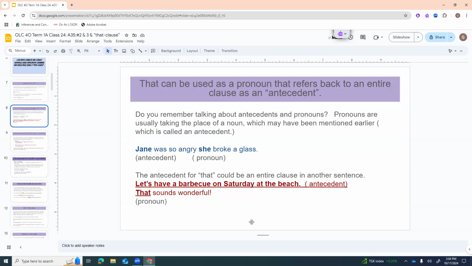So that's the simple form. Now you can have a more complex form where that is acting as the pronoun, and it's referring back to an antecedent that is an entire clause or phrase. If I say, let's have a barbecue on Saturday at the beach, I could say, that sounds wonderful. The that is referring back to let's have a barbecue on the beach, okay?